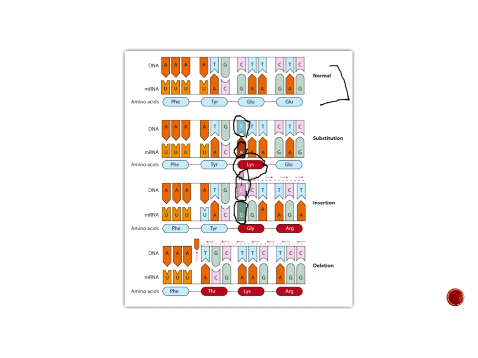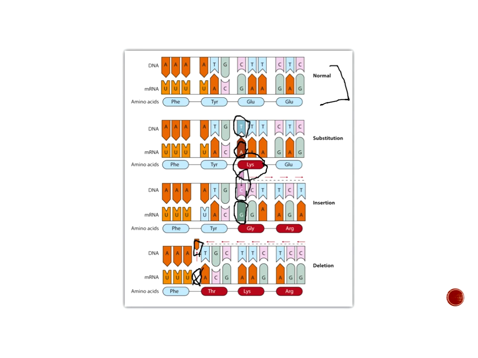A deletion is the same way. A deletion is where when the DNA was making copies of itself, it missed one of the nucleotides. In this case, we missed one of the A's on the DNA. That A was taken out. It should have been in there. So instead of a uracil being placed in here, it's no longer there, and so it shifts again.